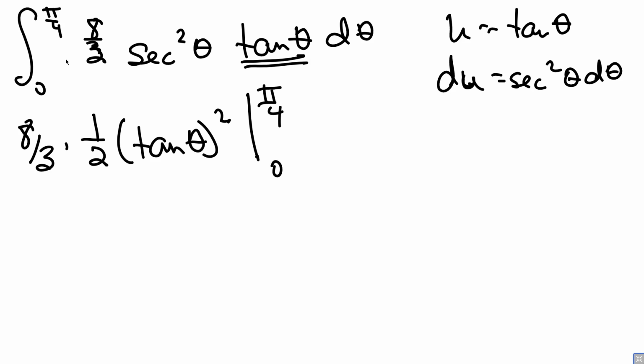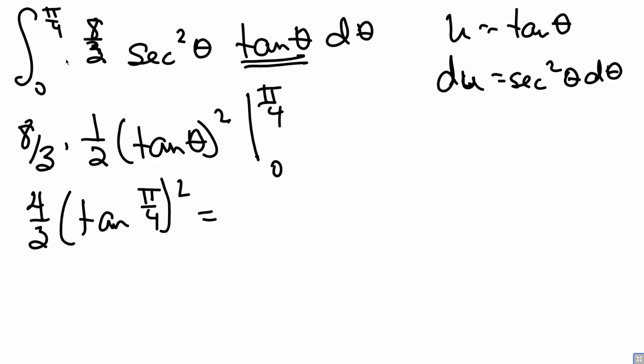Once again, at 0 it is 0, which makes it nice. So what I have is 4/3 times the tangent of pi over 4, squared. Well, what is the tangent of pi over 4? Yeah, it's just 1.